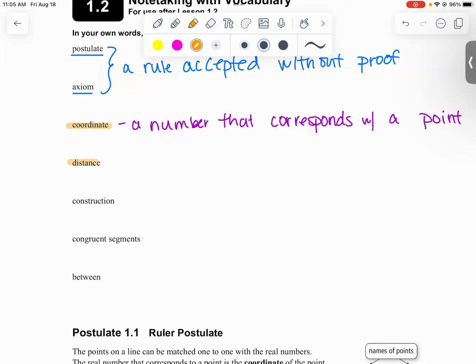What about if I ask you to describe what distance means? I have two coordinates. How do you know how far apart they are?